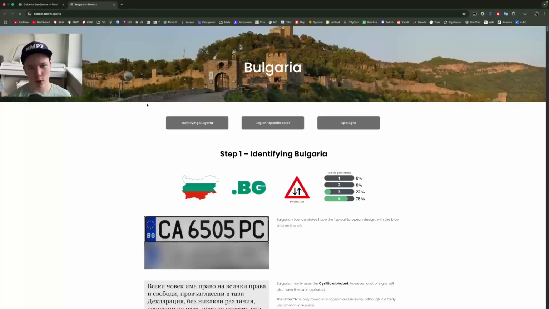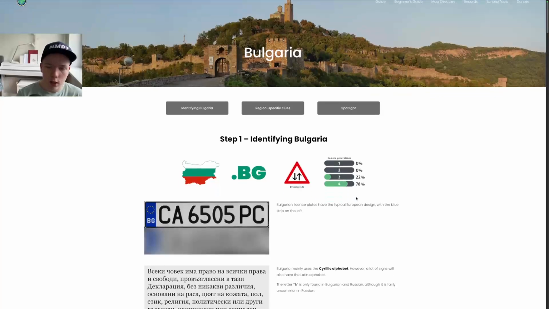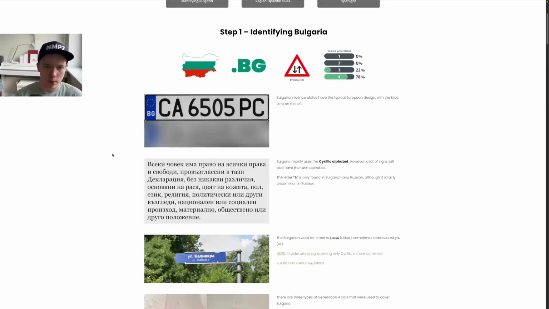And Bulgaria, yeah, only Gen 3 and Gen 4, but you do see Gen 3 quite often still, I would say. Typical European license plate design, just the language looks really similar to Russian.